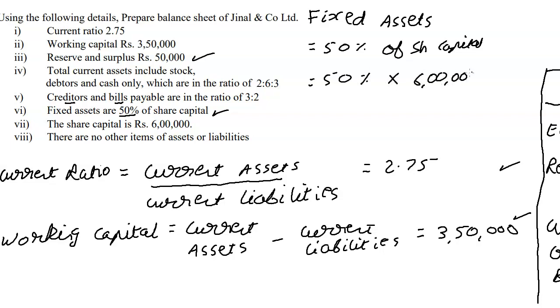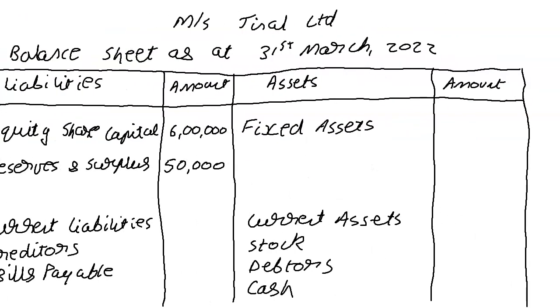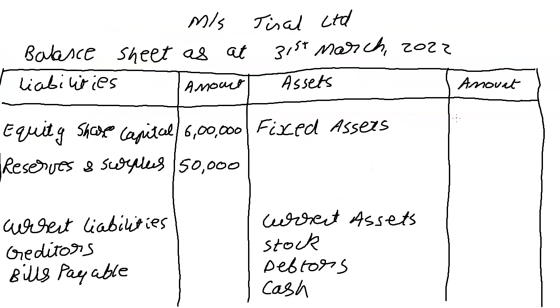Use a calculator and multiply, you're going to get 3 lakhs. So I have equity share capital 6 lakhs, therefore fixed assets 3 lakhs.